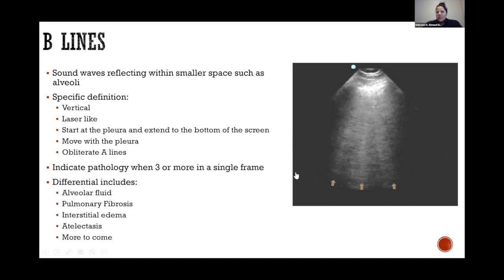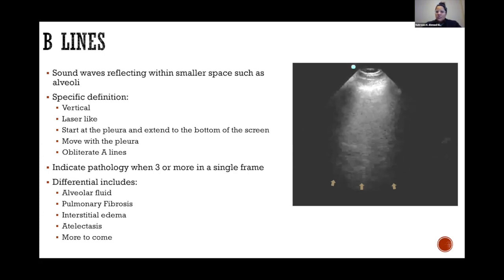Usually more than 3 B lines indicates pathology, and the differential is quite broad: alveolar fluid, pulmonary fibrosis, interstitial edema, atelectasis. So you might be thinking, well, how do I tell the difference between these? And that again goes back to one of my initial points, that the physical exam and the history really help as an adjunct.